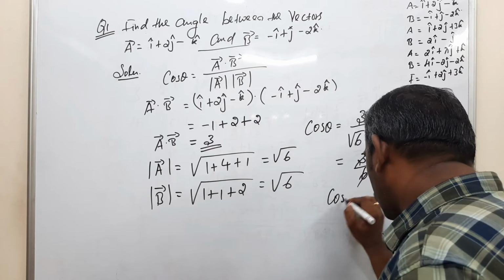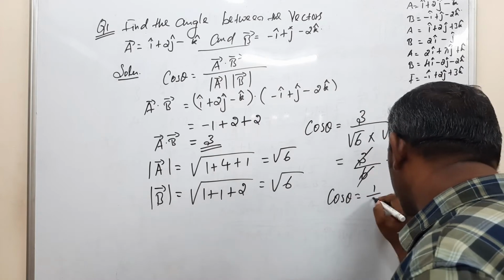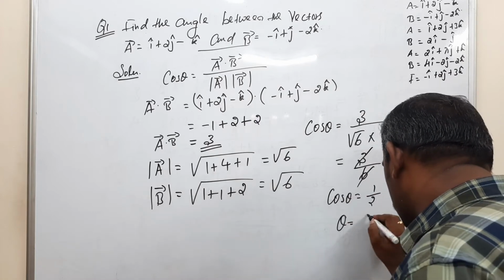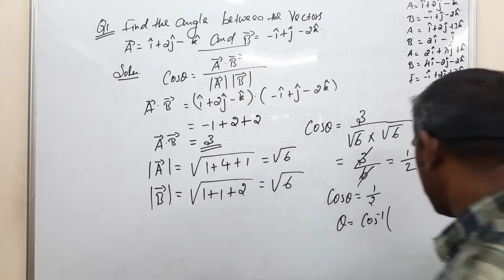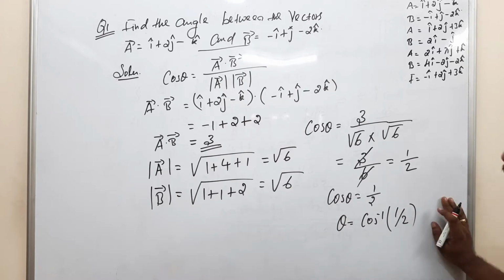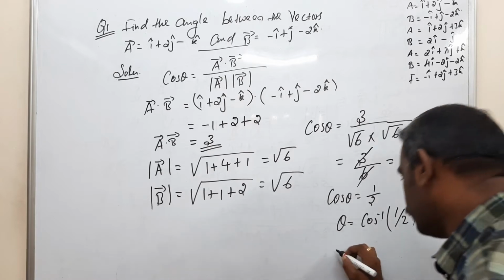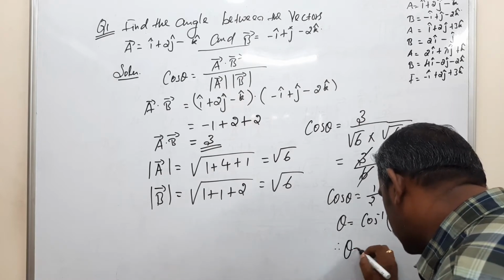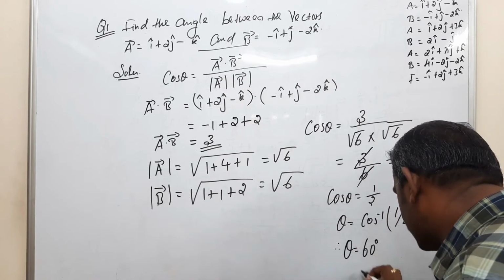So cos theta is equal to 1 by 2. So theta is equal to cos inverse of 1 by 2. Which angle gives 1 by 2? That is cos 60. Therefore theta is equal to 60 degree.